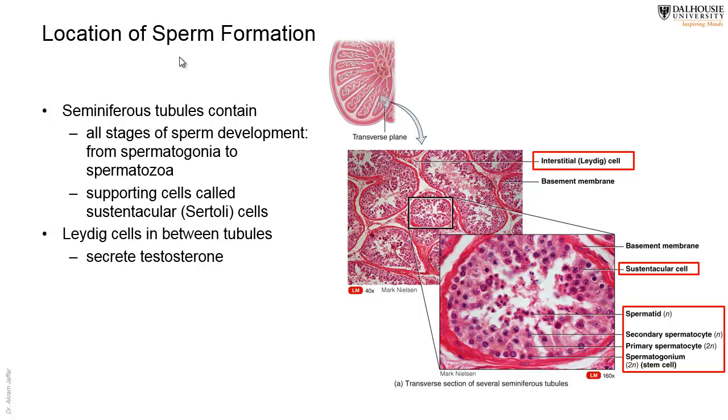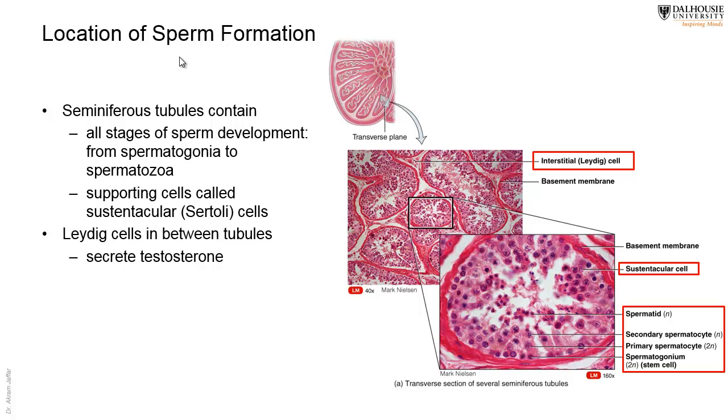So you have spermatogonia, primary spermatocyte, secondary spermatocyte, and then we have the spermatid, and then the spermatid will form the sperm. And in between these spermatogenic cells, the cells that are going to develop and form the sperm, there are other cells which are supporting cells.